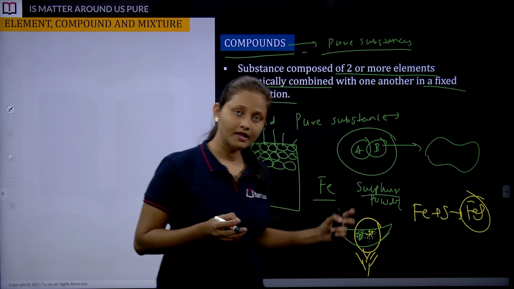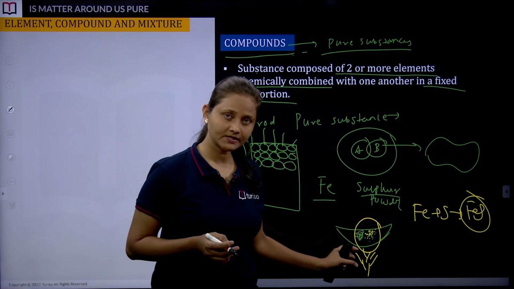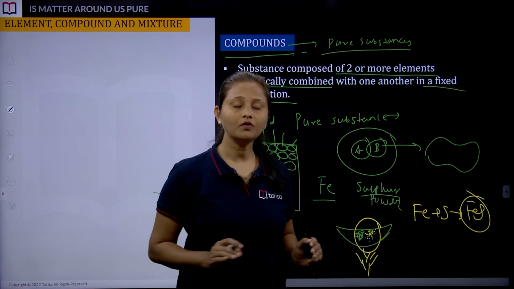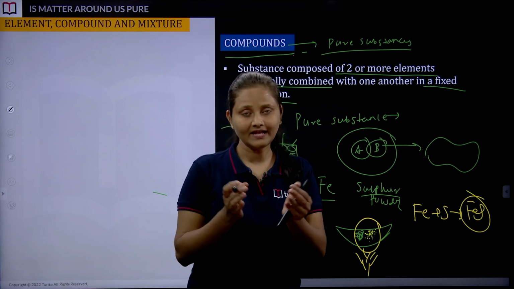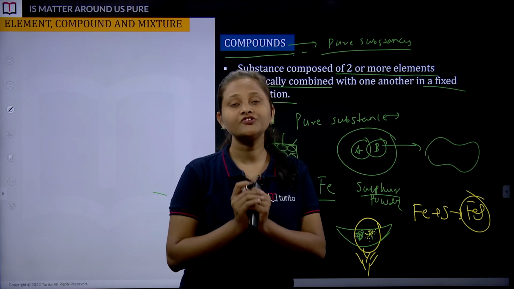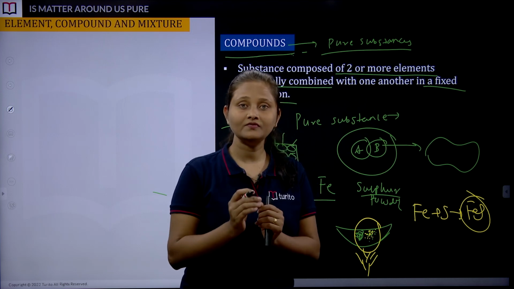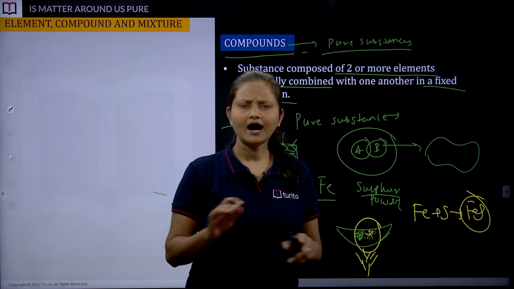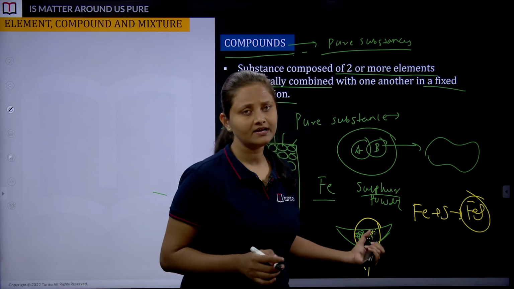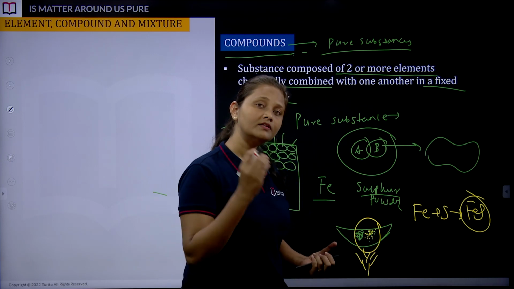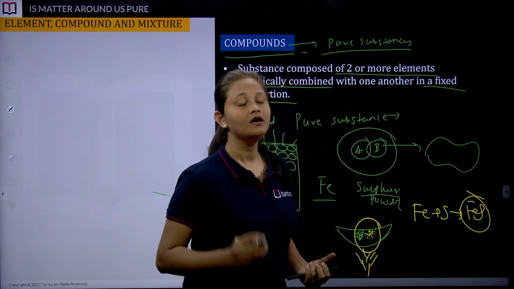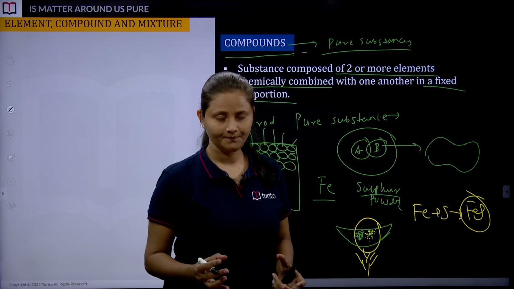Earlier you just kept these two substances, and we did not change any variable to make that change happen. That's why we say they are physically bonded. There are no chemical bonds. When we allow this reaction to happen, chemical bonds are getting formed.